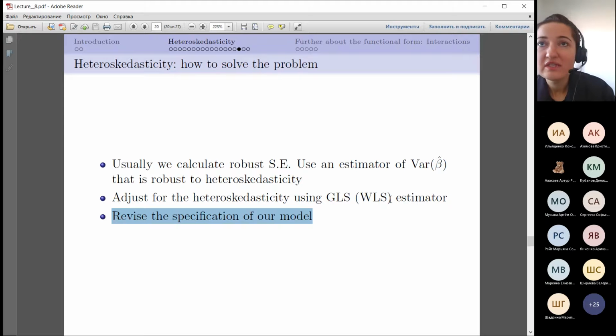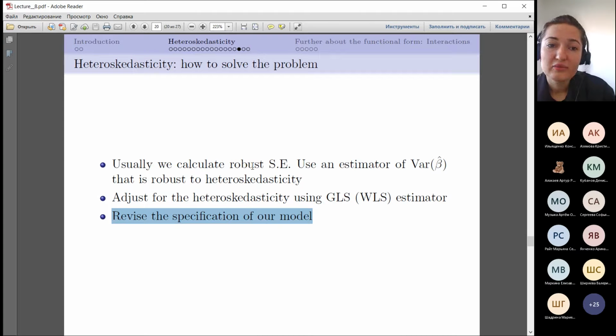You still can find some papers where some authors try to solve the problem of heteroskedasticity with the generalized least squares method or the weighted least squares method, but these methods are not very popular nowadays because we can just use robust standard errors.